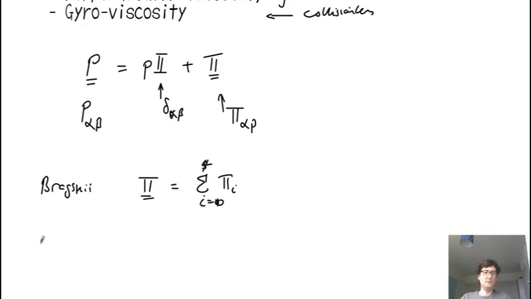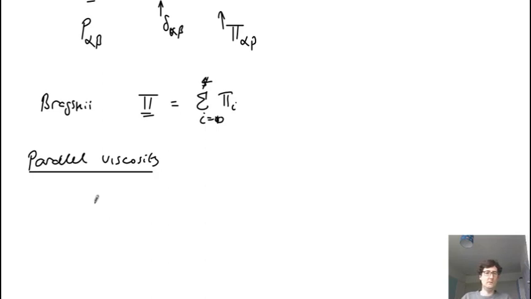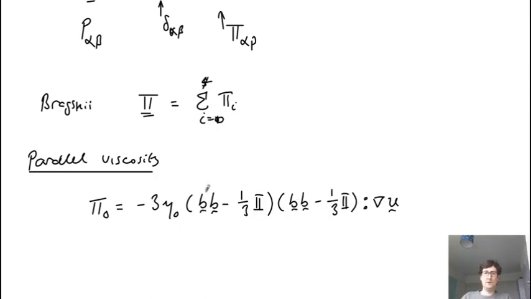Okay, so pi naught is the parallel component, so parallel viscosity. This is pi naught, which is, so this part here, this is b, the unit vector along the magnetic field. You might recognize this as 1/3 times the identity matrix. This is essentially the compression term.